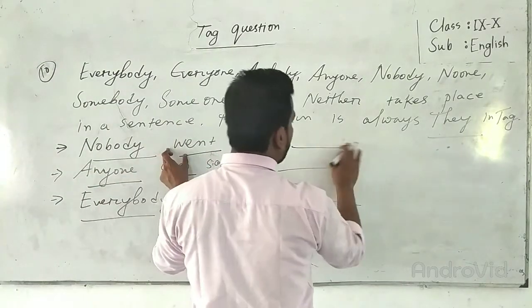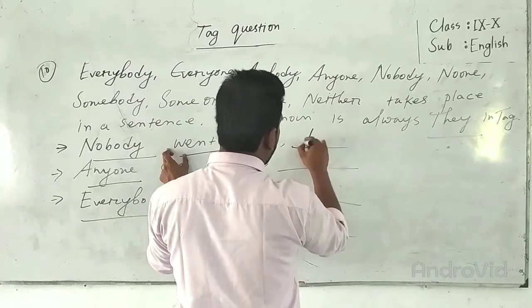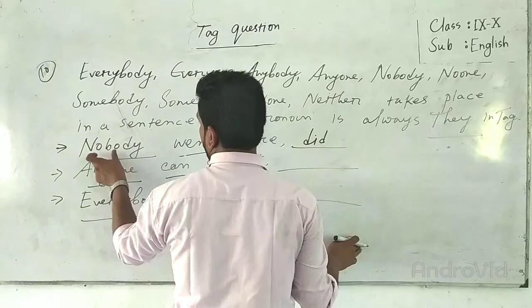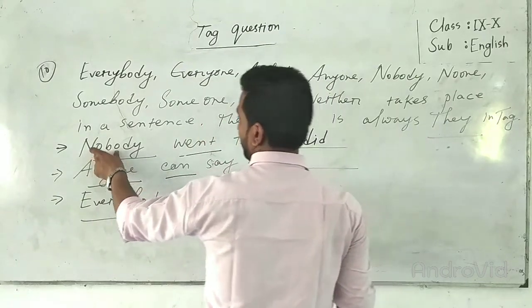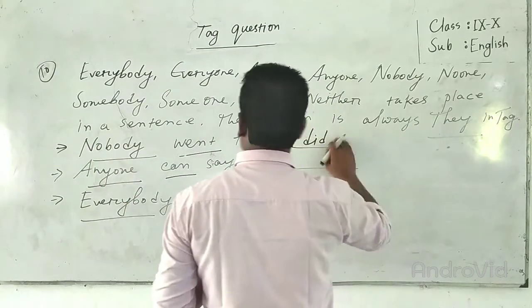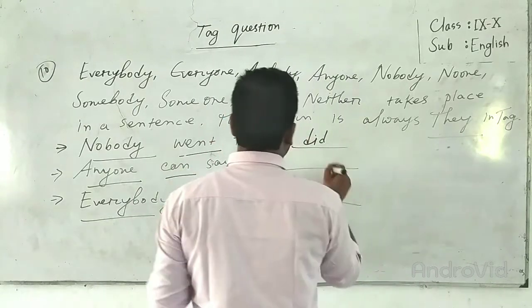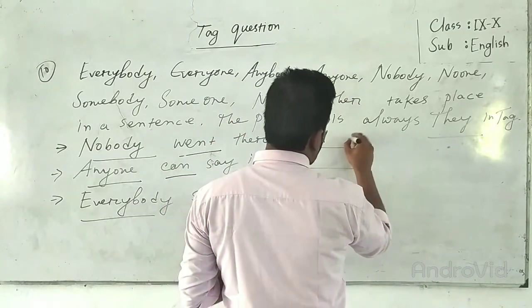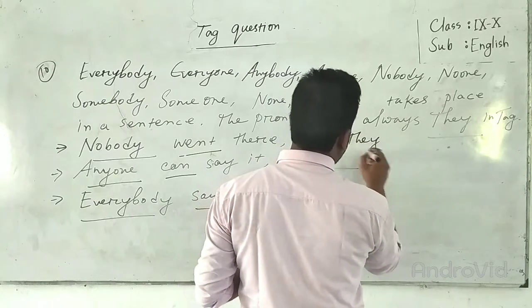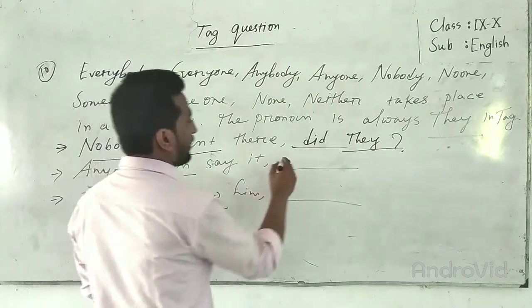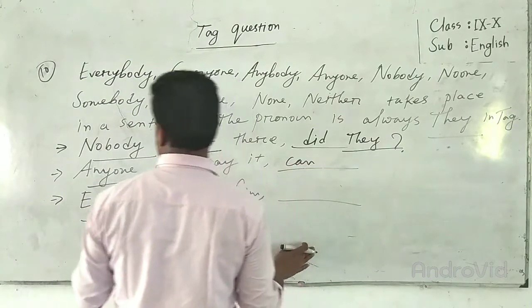In this sentence the verb is went, so auxiliary did for went. The sentence is in negative because of nobody, so the tag is in the form of affirmative. So did they for nobody. Here can is modal auxiliary.